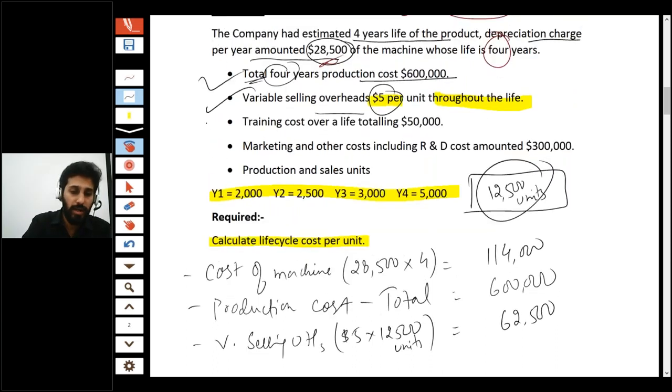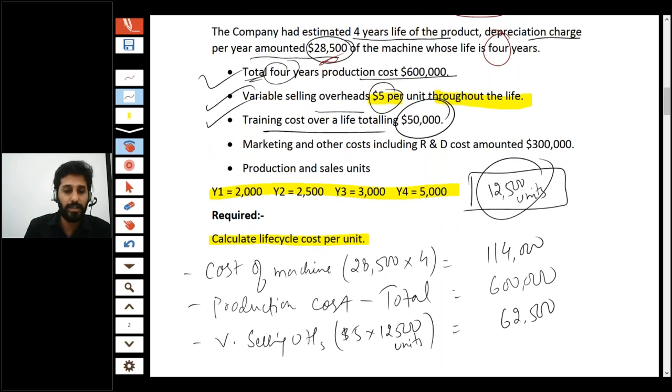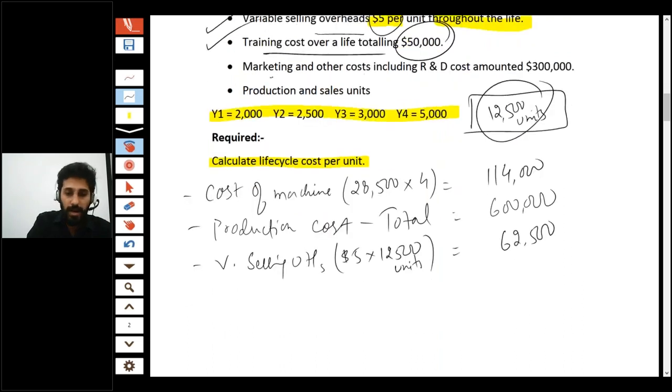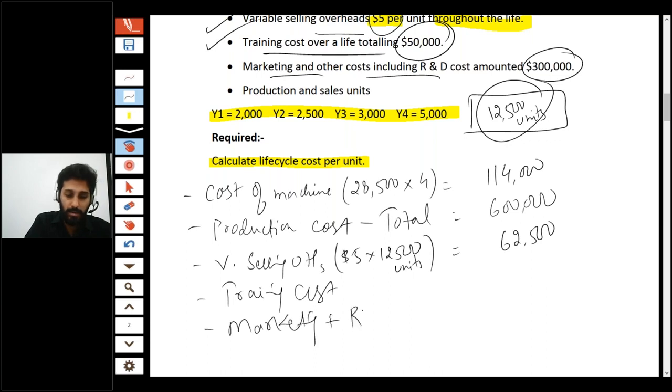I have incorporated these things. Training cost over the life is 50,000, and research, marketing and other costs are 300,000. That is training costs, and that is marketing plus research and development.